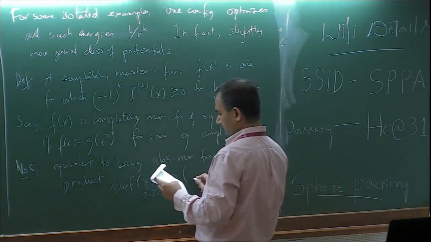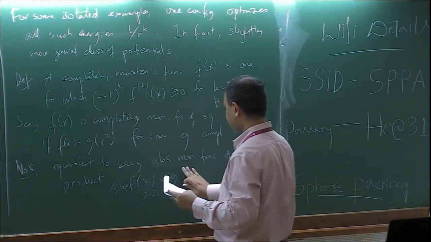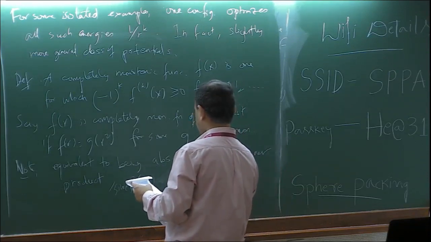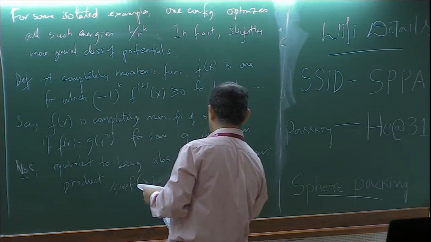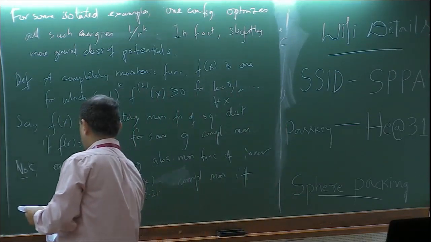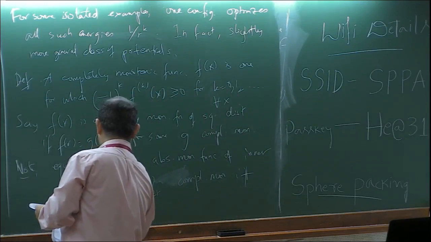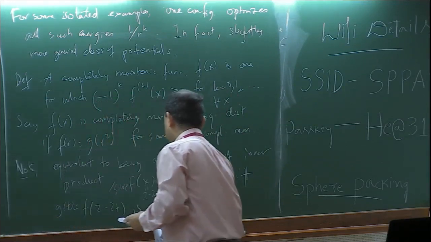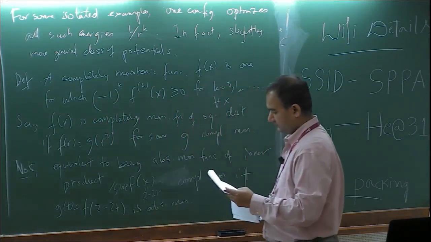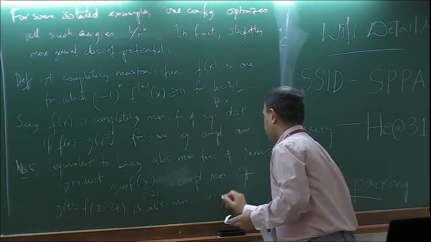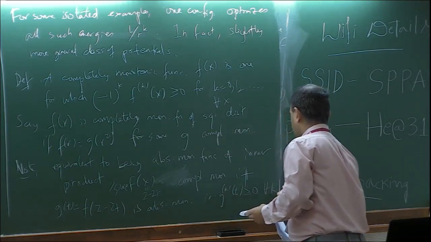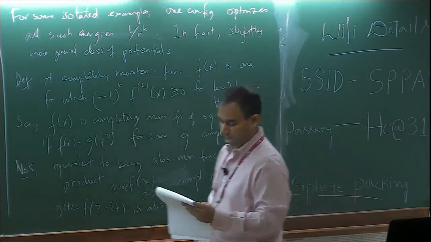So f is completely monotonic if and only if g of t, which is f of 2 minus 2t, is absolutely monotonic, right? Which is sort of obvious. That is, the kth derivative of g is greater than or equal to 0 for all k and all t.